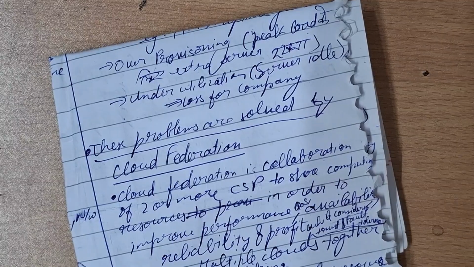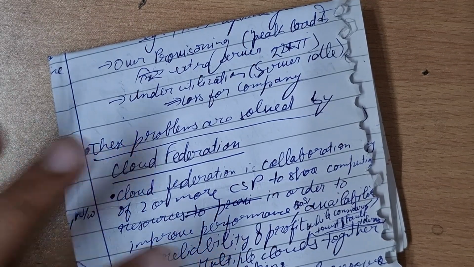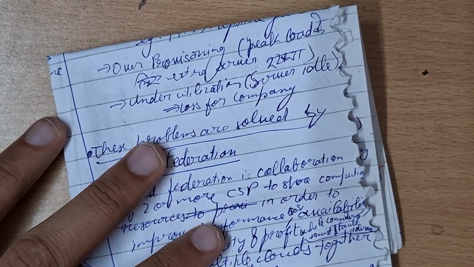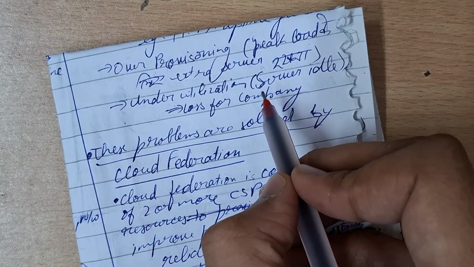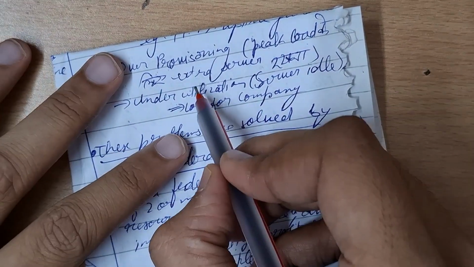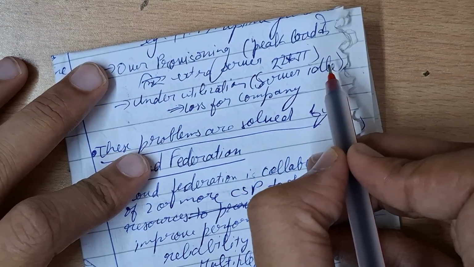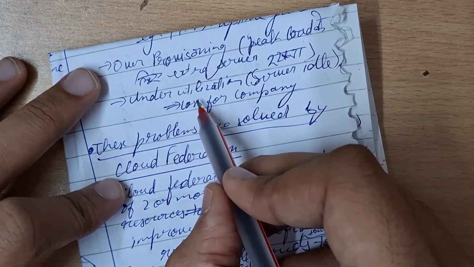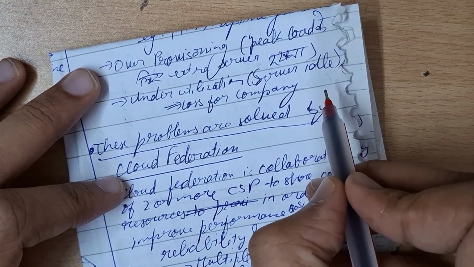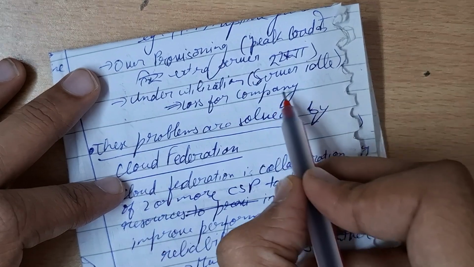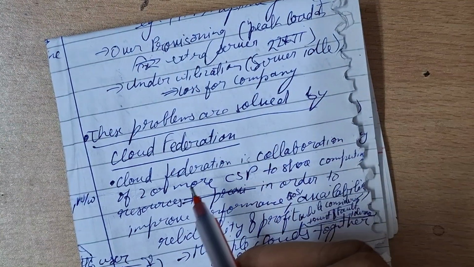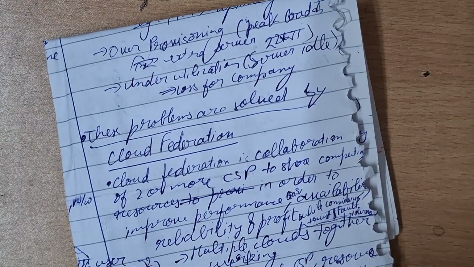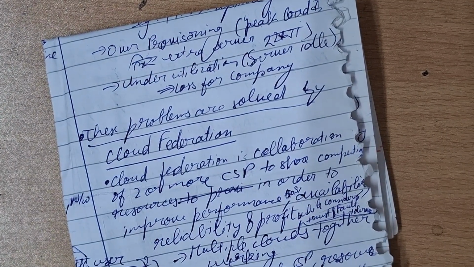So as we discussed about CSPs in the previous video, we have seen that they face the problem of over-provisioning, where during the peak load they require extra servers to handle that workload. They also face underutilization, where they have more infrastructure but demand is less, so in that time servers remain idle. These problems are solved by Cloud Federation. So let's see the definition of Cloud Federation.